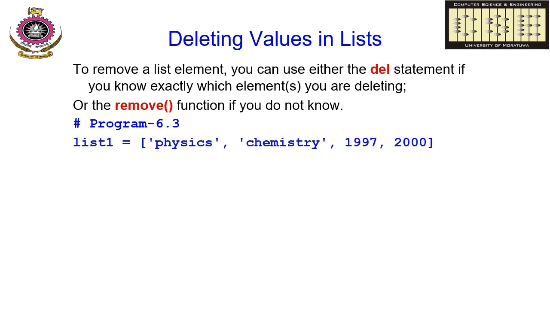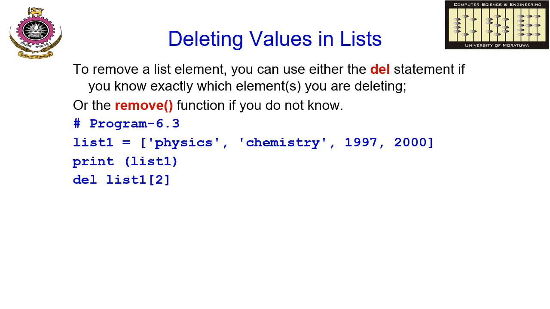So we can look at an example. We have a list, list1, having these 4 elements or items, 2 string items and 2 numbers. First we print the whole list, all the items in the list, and then we call the del statement. We use the del statement to delete the index 2 item of the list.